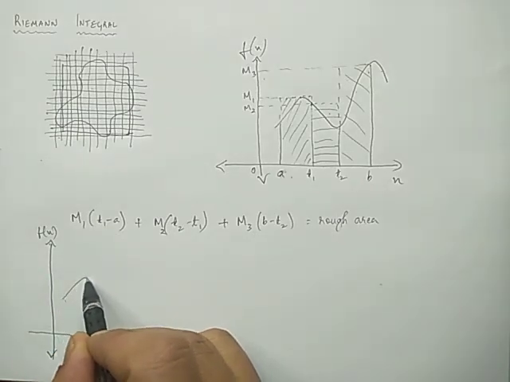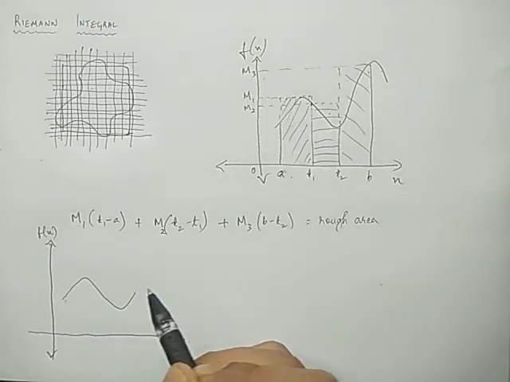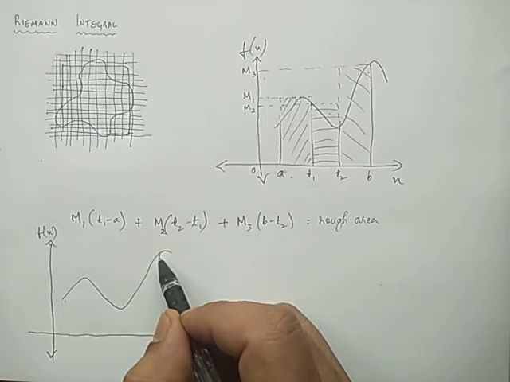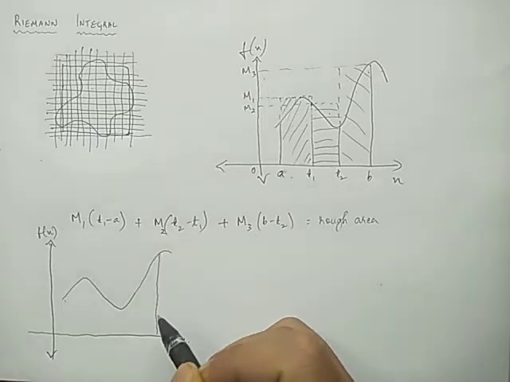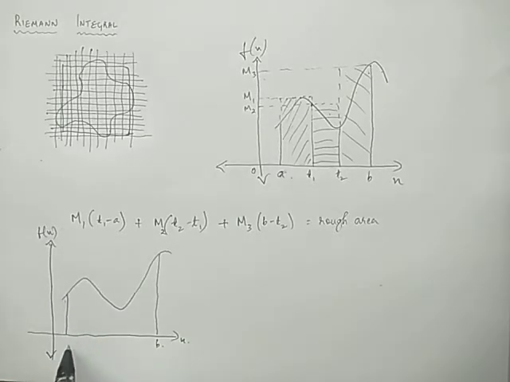I'll try to draw similar to the previous one as far as possible. Let's say this is B, this is A, this is T2, and here I have T1.